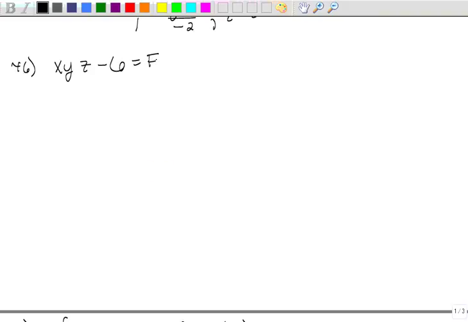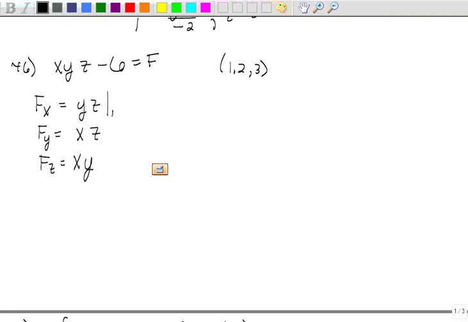That's my f, and the point is (1, 2, 3). And f with respect to x is yz, f with respect to y is xz, and f with respect to z is xy. And evaluated at the point, that's 6.